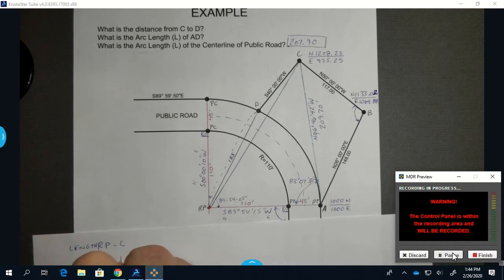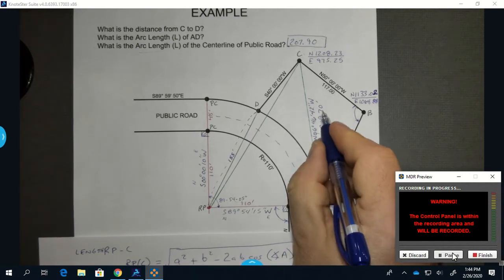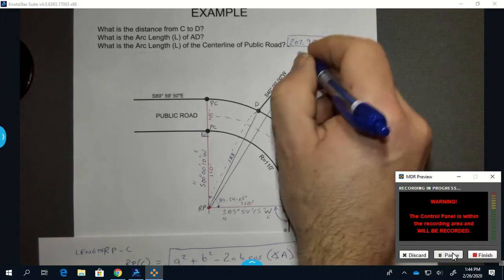RPC is equal to the square root of a squared plus b squared minus 2ab cosine of angle A. My side A is this plus this. I'm going from RP to A. It's 155. Side B is 209.70. That's this side here.